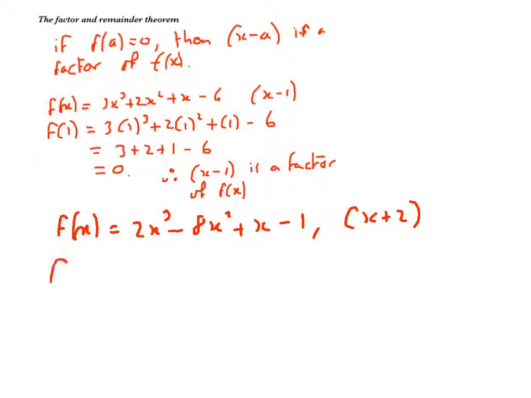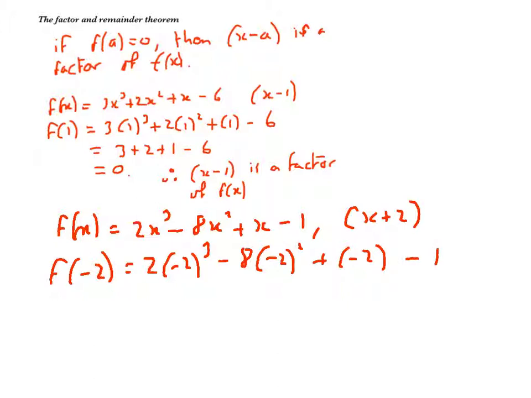That's what I'm going to put in here. F of minus 2 equals 2 times minus 2 cubed minus 8 times minus 2 squared plus minus 2 minus 1. And if I work that out, this gives me minus 51.